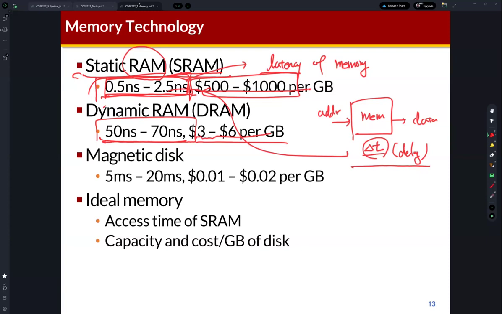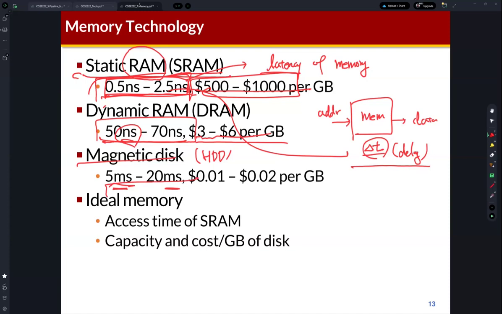Magnetic disk, as a hard disk drive, you can find that the latency unit is the millisecond. What does that mean? It's kind of tens of milliseconds, extremely slow compared to nanoseconds.